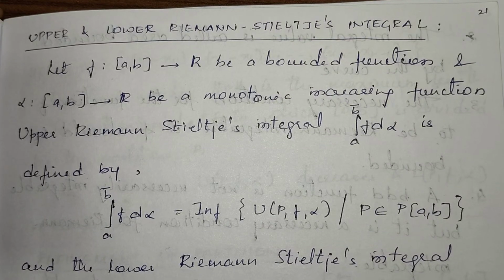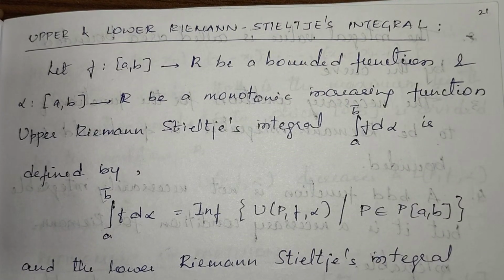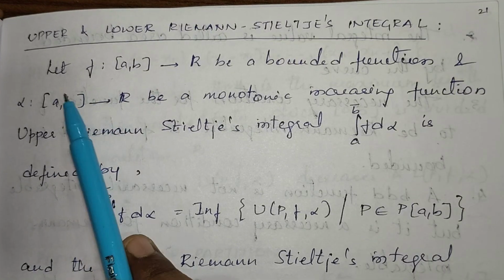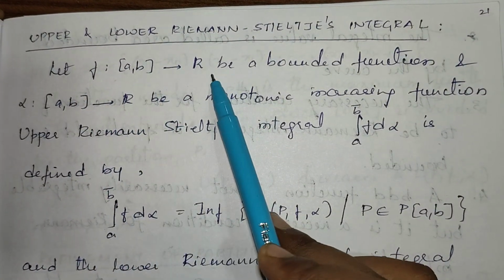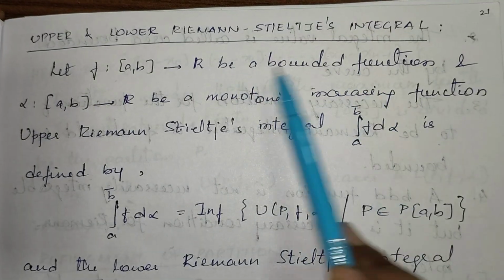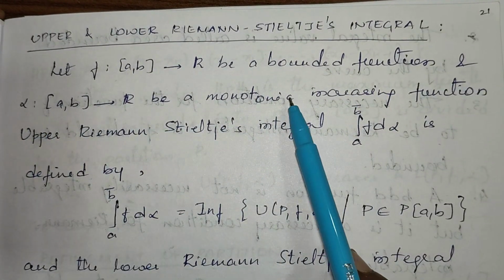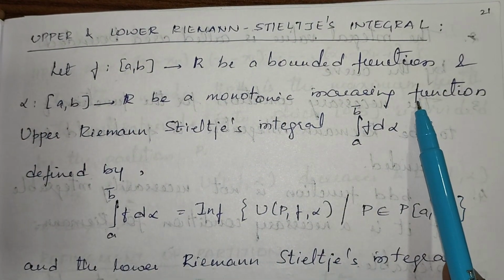Now let's define upper Riemann Stieltjes integral and lower Riemann Stieltjes integral. Okay, let f from closed interval a comma b to R be a bounded function and alpha be a monotonically increasing function.